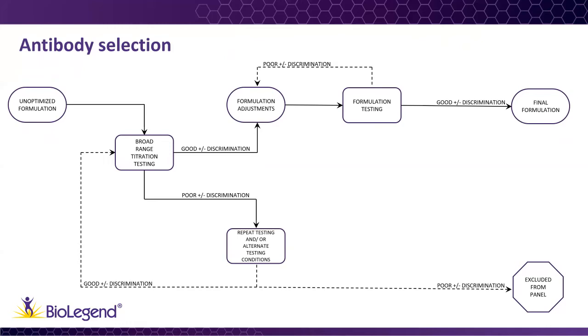Antibodies that demonstrate poor discrimination may undergo alternate testing conditions, for example, a different cell line or activation condition than initially employed. If performance cannot be recovered, the antibody is excluded from the cocktail. Once a cocktail's contents have been selected and adjusted, the cocktail undergoes further testing and may result in additional adjustments. Once a final formulation is determined, we manufacture a pilot lot and perform final testing prior to release.